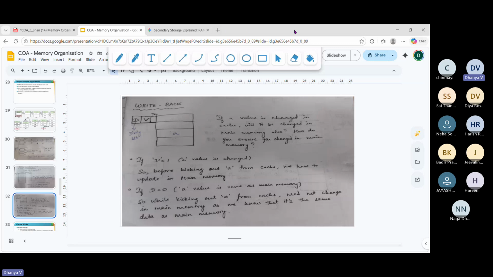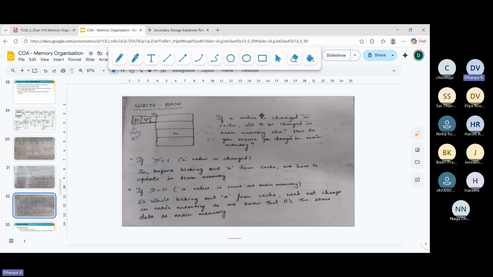This part is clear? So this is something Dia also told: write back and write through. It comes under this concept also. So you have something called a dirty bit. Let's say the value is changed in your cache, let's say this A is changed in your cache. How will you ensure that it is also changed in the main memory?